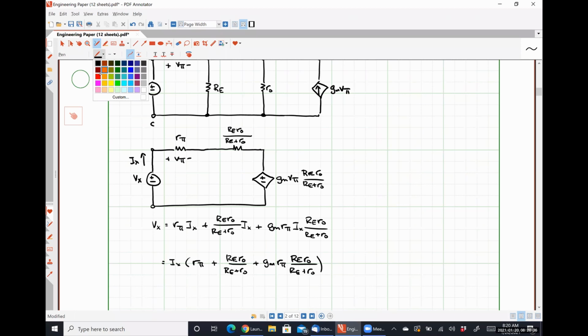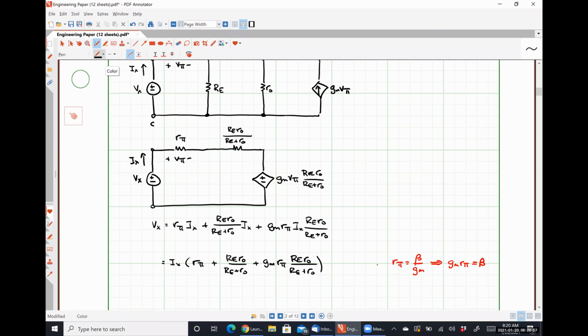And I'm going to notice something real quick here. R pi, by definition, is beta over GM, which means whenever I see GM multiplied by R pi, that is the exact same thing as beta.